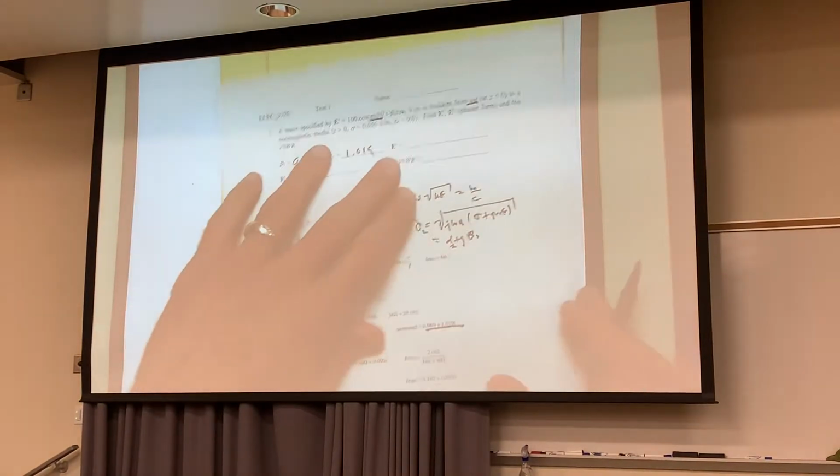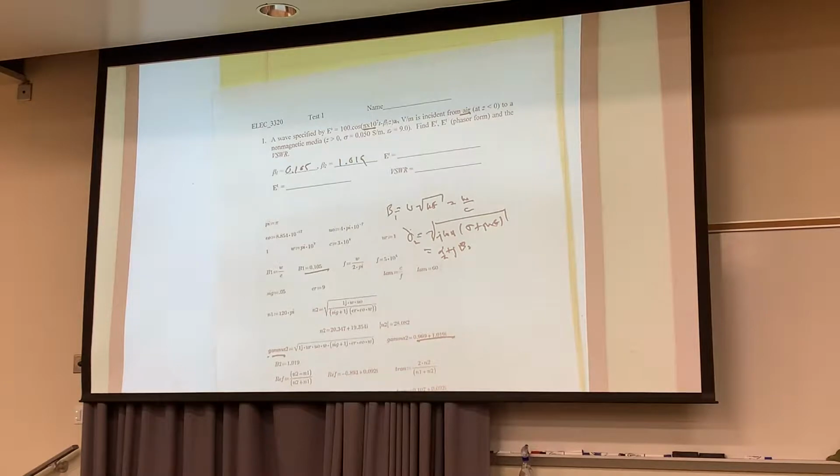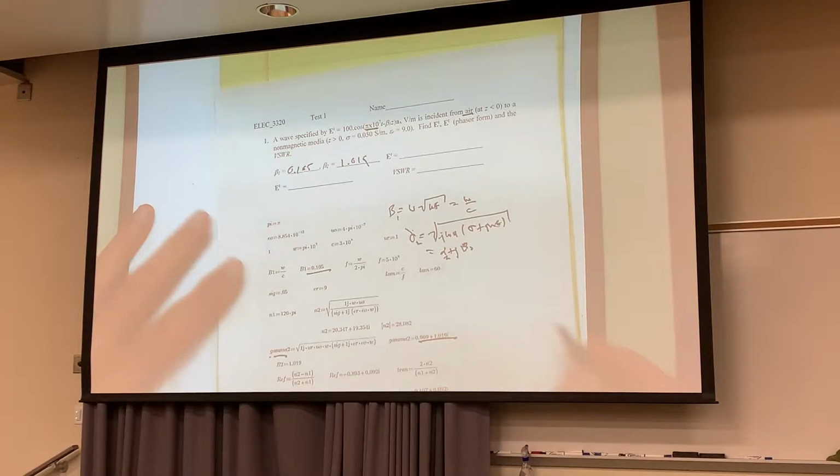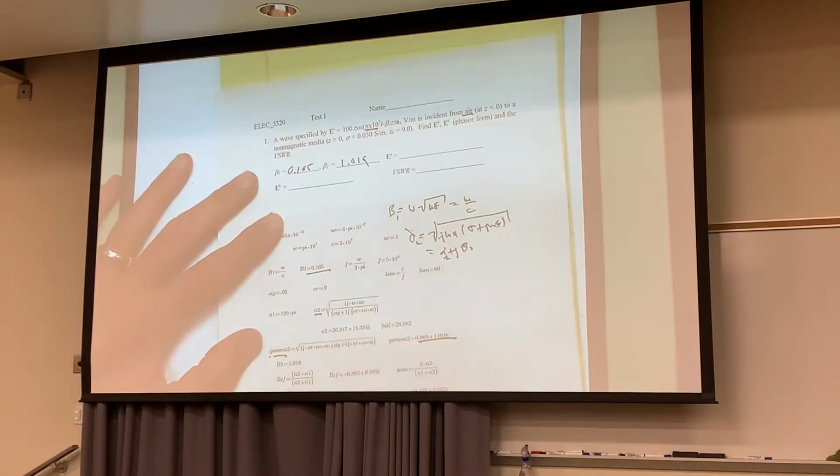Now I wanted the phasor form of E reflected, right? All right. So first, to get E reflected, you have to get the reflection coefficient. And the reflection coefficient requires you to get eta 2. So eta 2 is equal to the square root of j omega mu over sigma plus j omega epsilon.